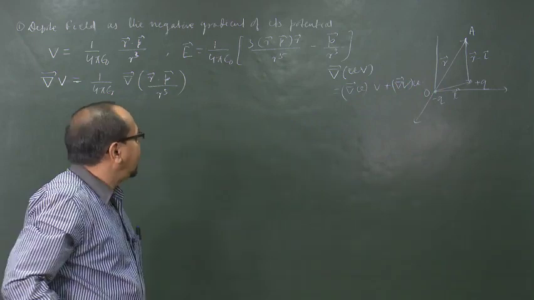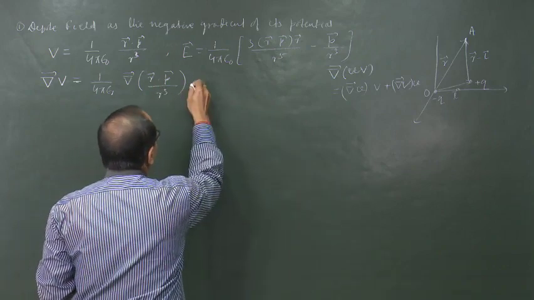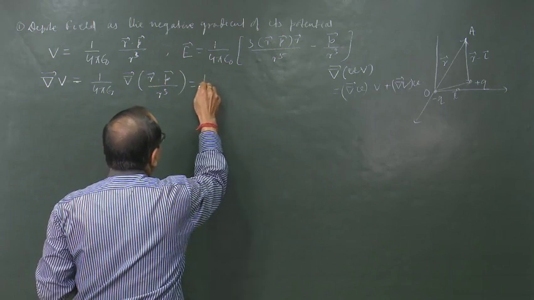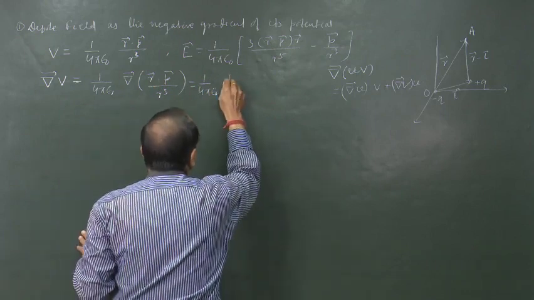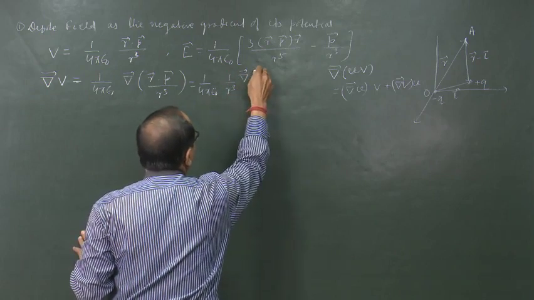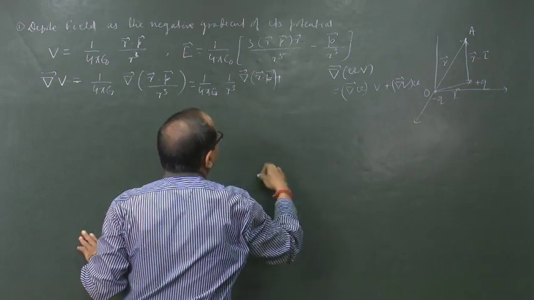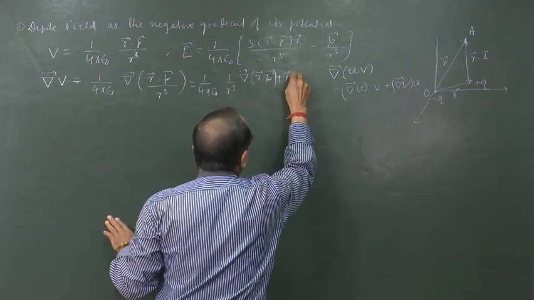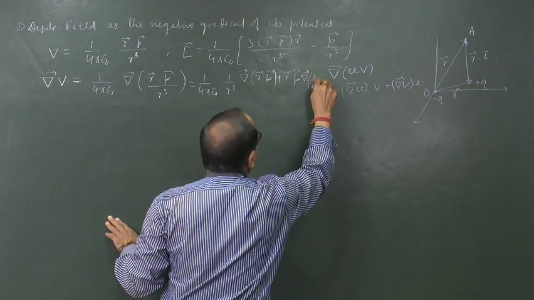So, if you use this rule here, then it will be equal to 1 by 4 pi epsilon naught into the one scalar, that is 1 by r cube, into the gradient of r dot p, plus r dot p into the gradient of 1 by r cube.